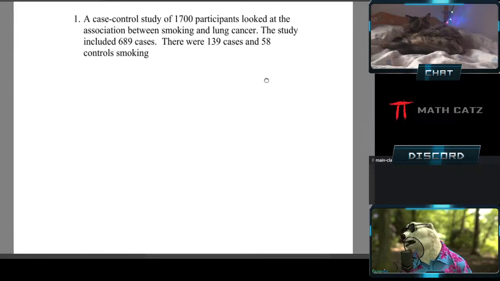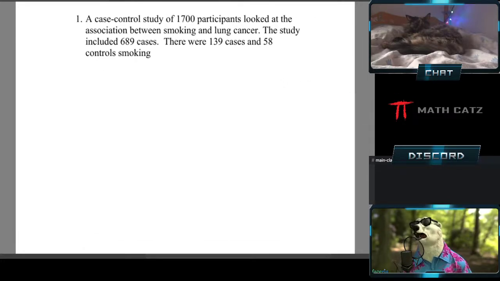So I have two questions that I want to look at. The wording here could be a little better, but I'm here to explain it, so it'll be okay. A case control study of 1,700 participants looked at the association between smoking and lung cancer.